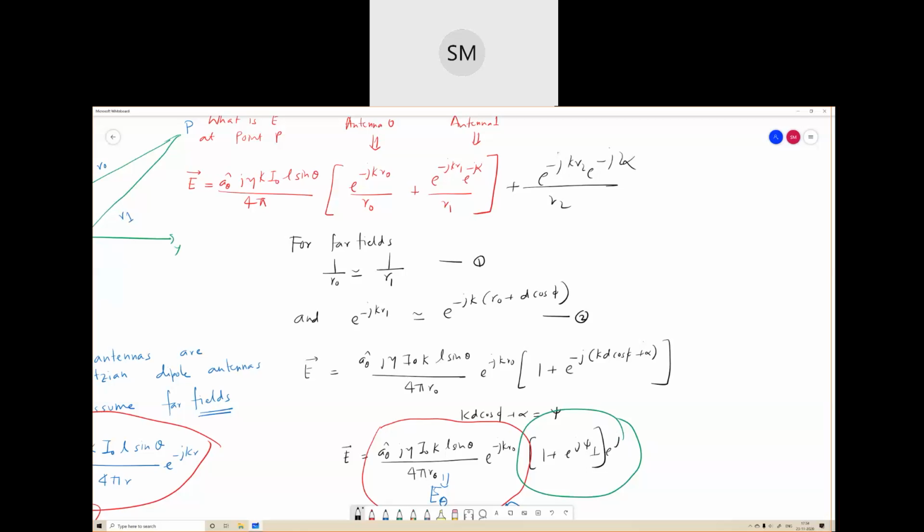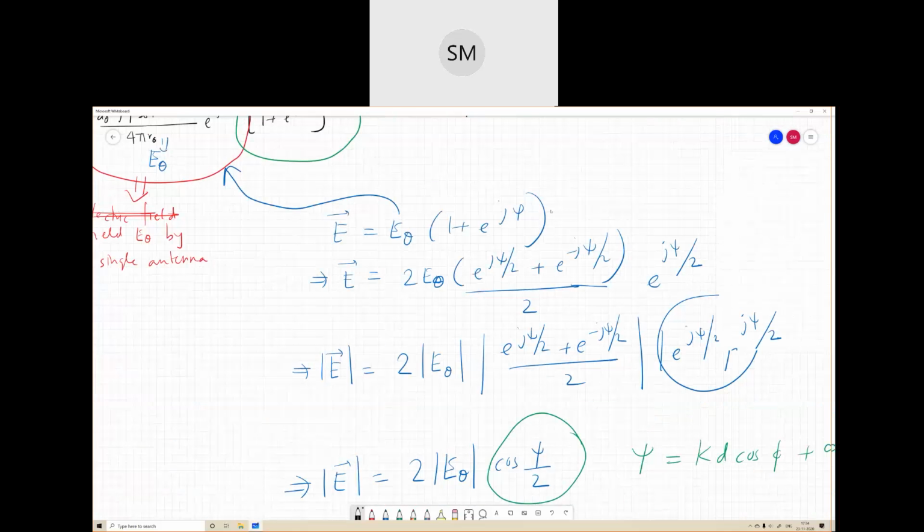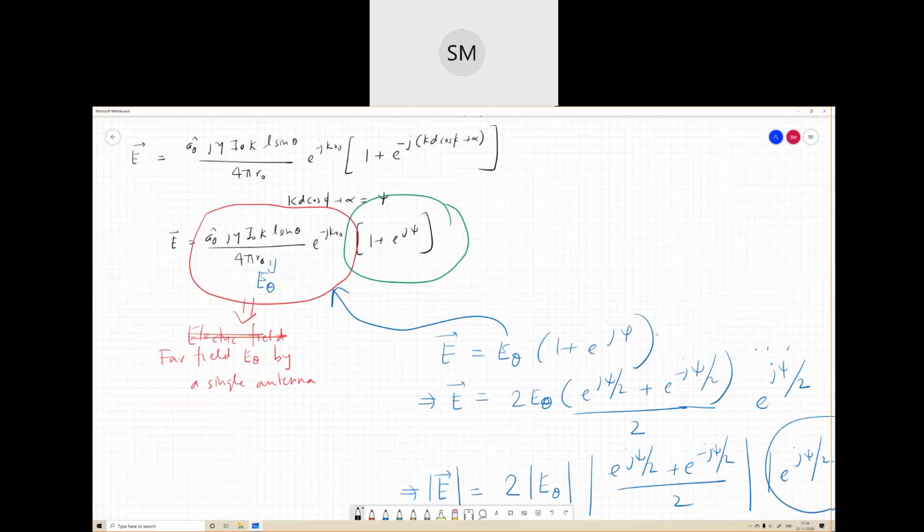So the expression in the red is coming due to one single antenna, the pattern due to one single antenna, and the terms in green are the pattern due to the array.